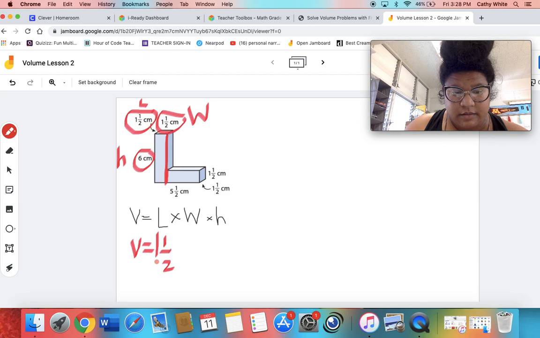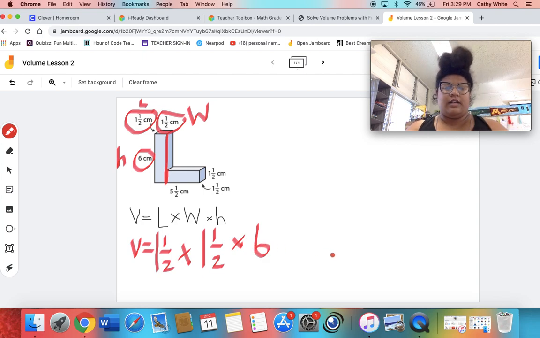And bear with me with my writing. I'll try to do it as clean as possible, but no guarantees. Okay, so we're left with 1 1/2 times 1 1/2 times 6. And that equals, well, I know the 6 is going to happen sooner or later.